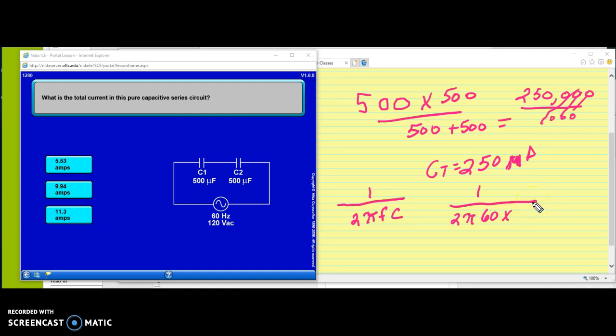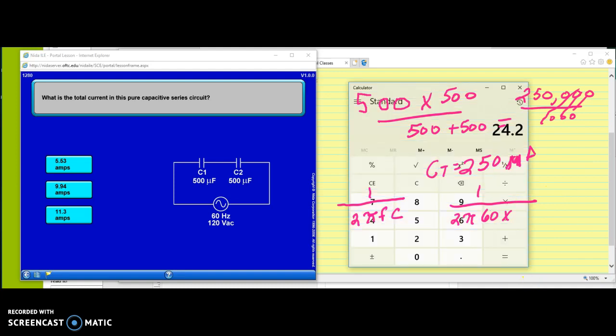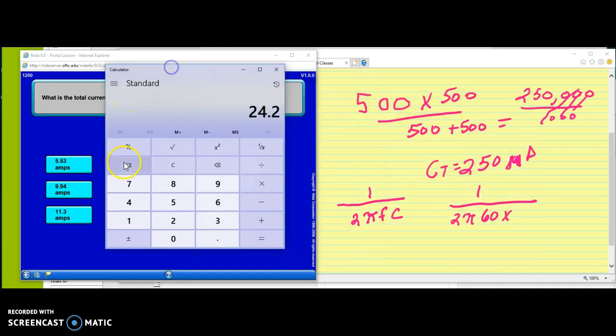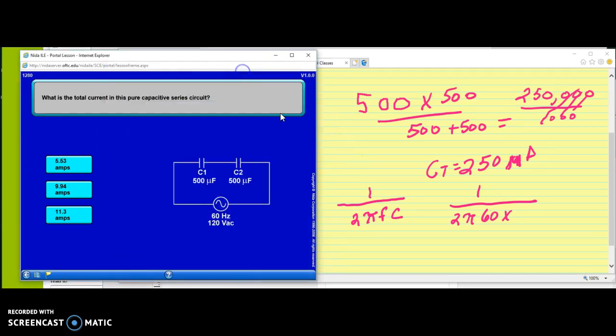Now remember, micro means we're talking millionths, so we've got to divide 500 by a million. You can trust your brain to do that, or you can use a calculator so we can get base units, because this formula is looking at base units. So that's 0.0005, so 3 zeros and a 5.